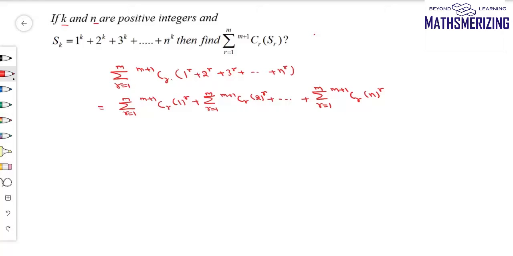Now this summation is similar to (1 plus x) to the power n, which is summation r varies from 0 to n of nCr x to the power r. Here I have two problems. One, this summation always starts from r equals 0, and here we have r equals 1 for all the terms.